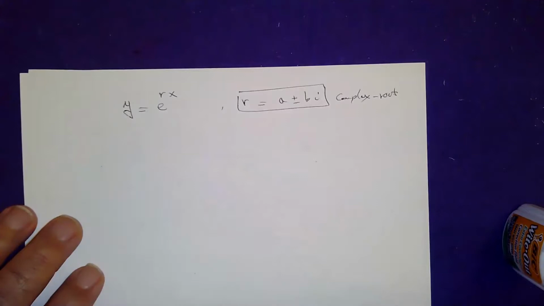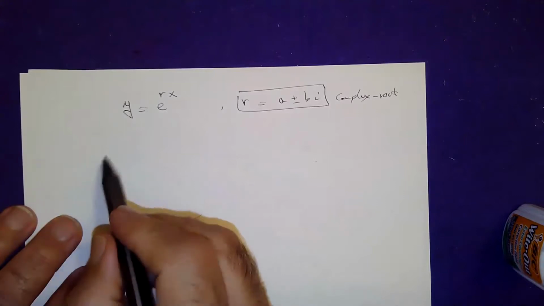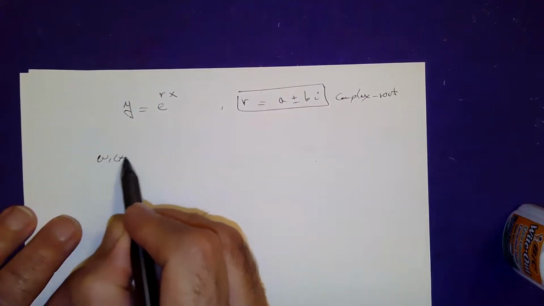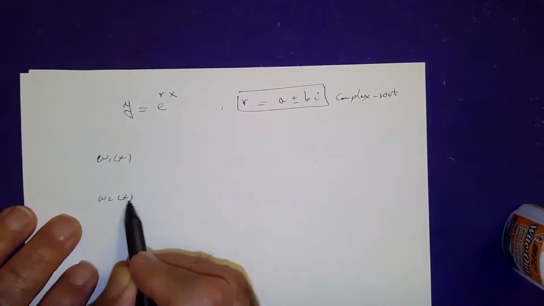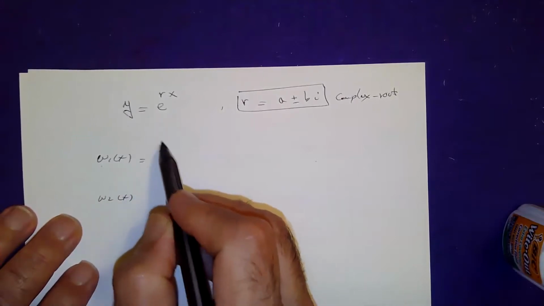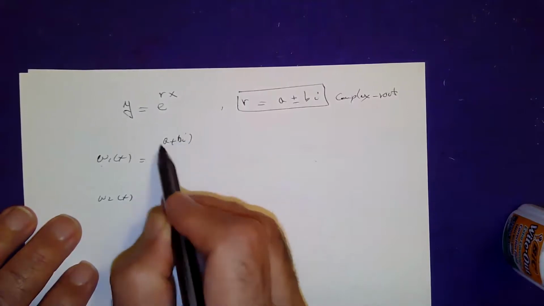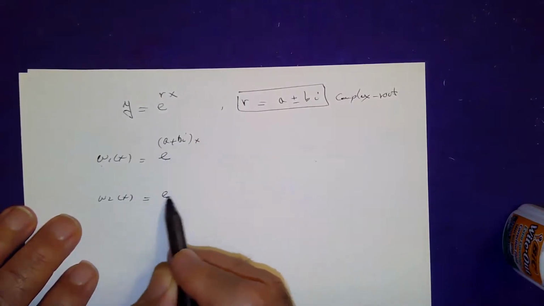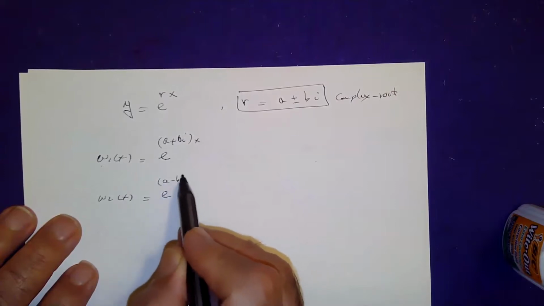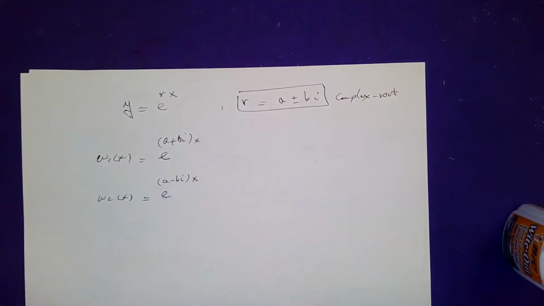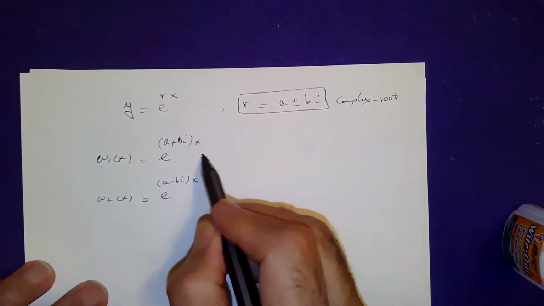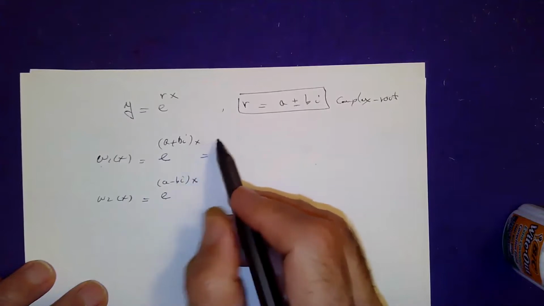So what do we have? Well, we have two complex roots. I'm going to call them W's. One of them is going to be e to the power of (a plus bi)x. The other one is going to be (a minus bi)x. But I'm going to remove the parentheses at the exponent.